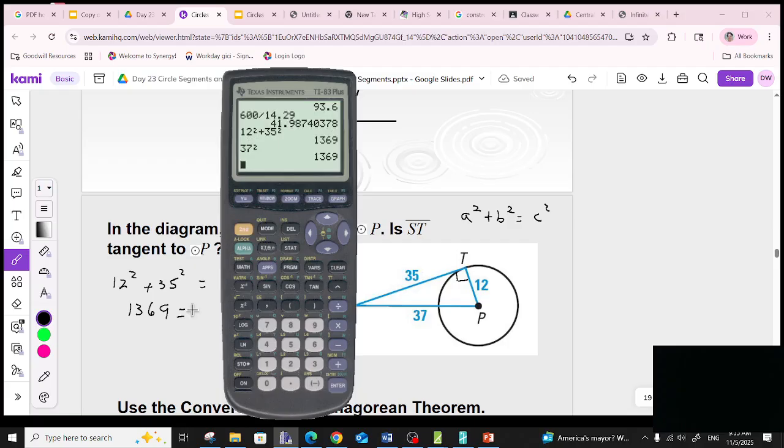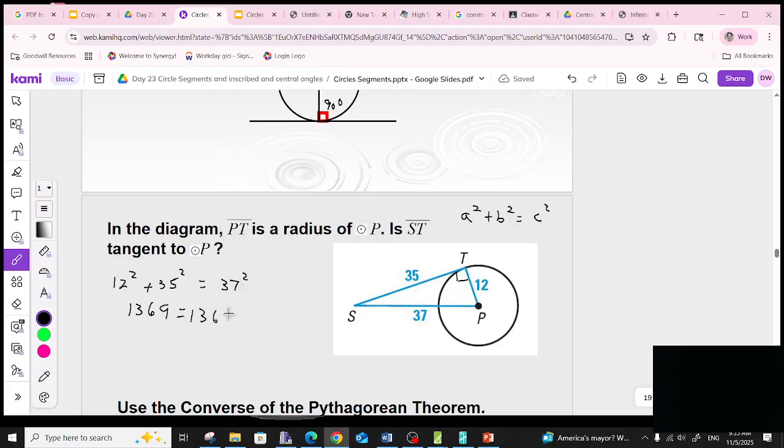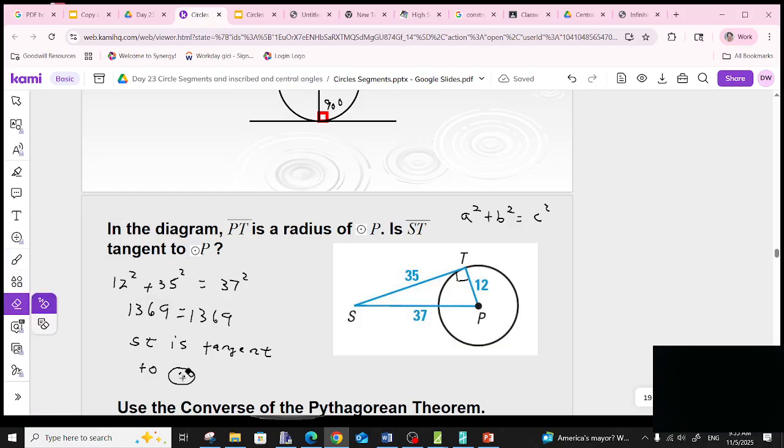Yes. So is it tangent? So we would say ST is tangent to circle P. Or I had the P in the wrong spot. Let me change that. Circle P. There.